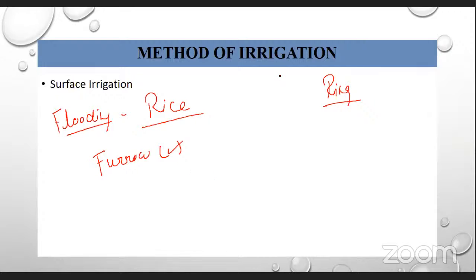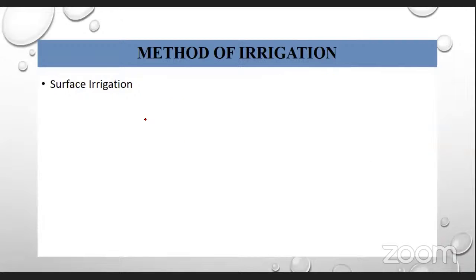Subsurface irrigation is used in Kashmir for vegetables, as well as in Kerala for coconut gardens. I think this was asked two years back in JRF.